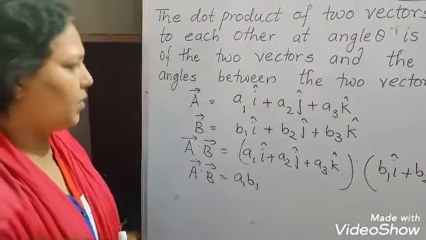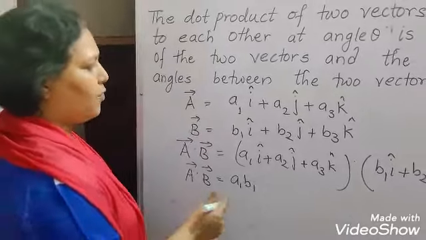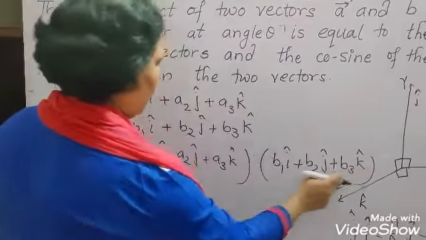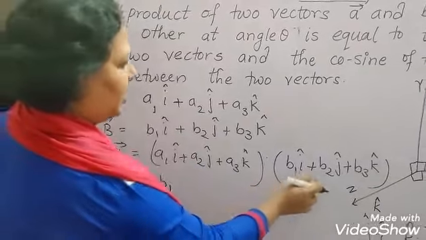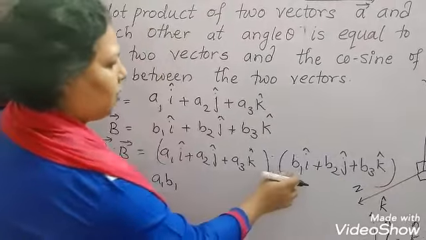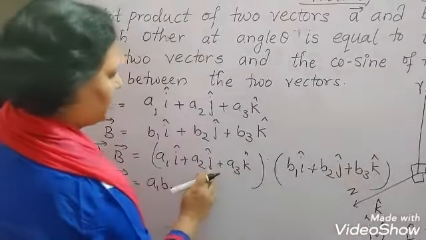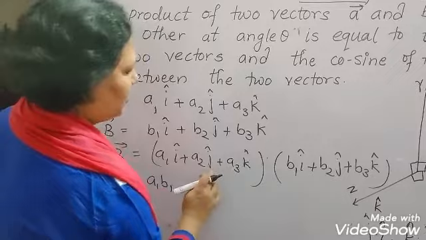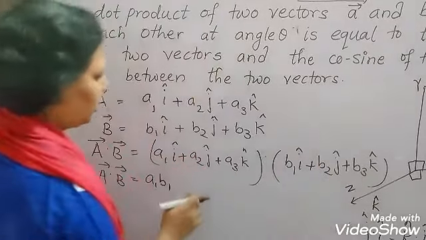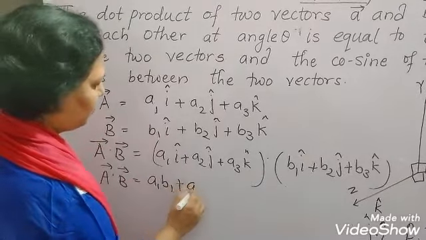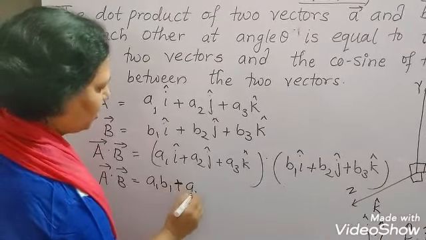is 0 here. Okay, similarly for A2 j, if I multiply with this quantity, it will give the resultant in case of B2 j only. For this and this will be 0 because j dot i is 0, j dot k is 0. So A2 j is multiplied with B2 j and the value will become what?